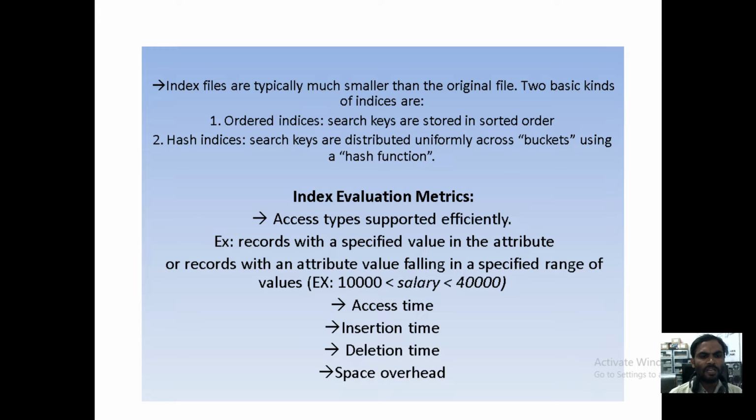When you give a condition in the WHERE clause, for example salary less than 4,000, or less than 10,000 or less than 40,000, depending upon the value, we can access the records with the help of the condition.